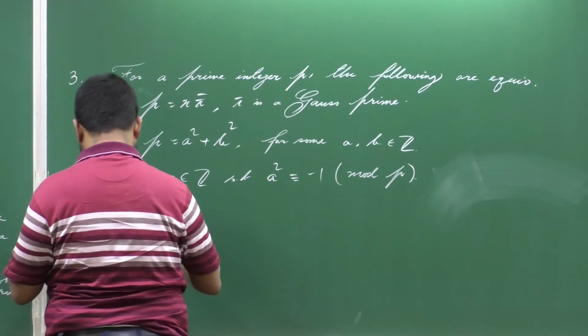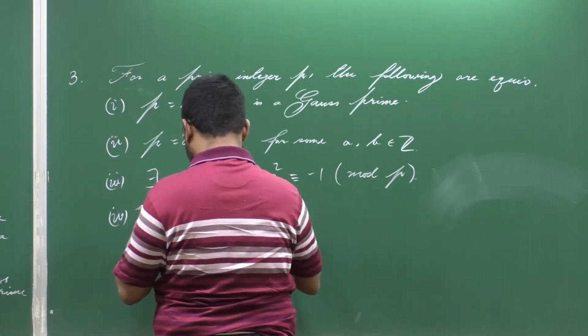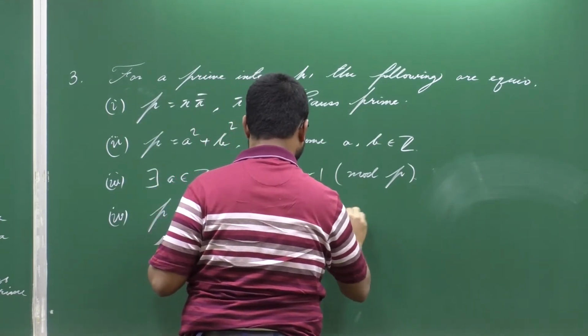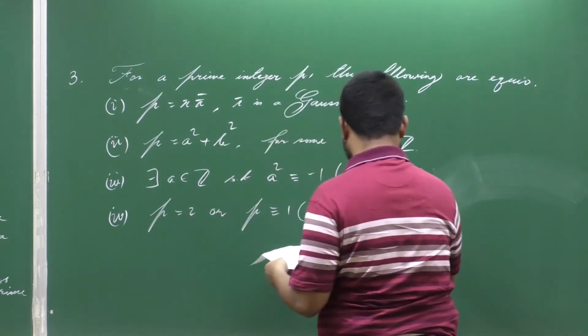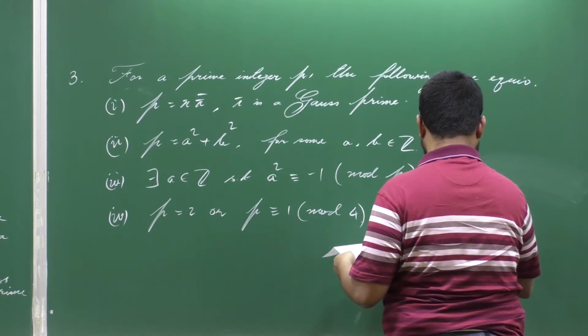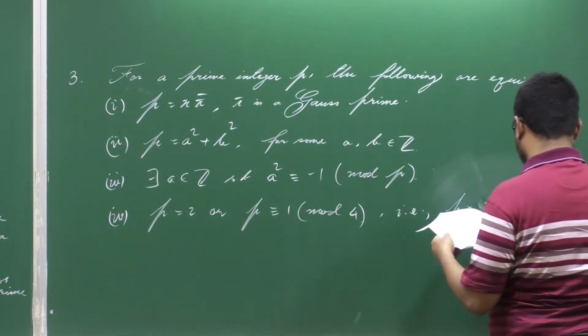Fourth, p equals 2 or p is congruent to 1 modulo 4.